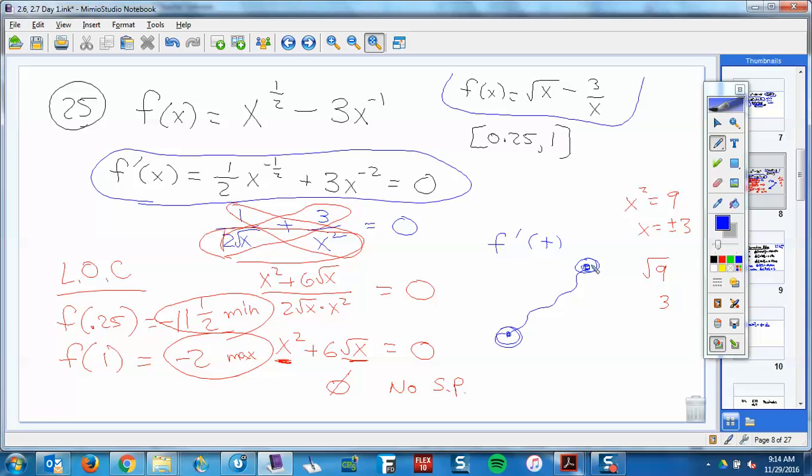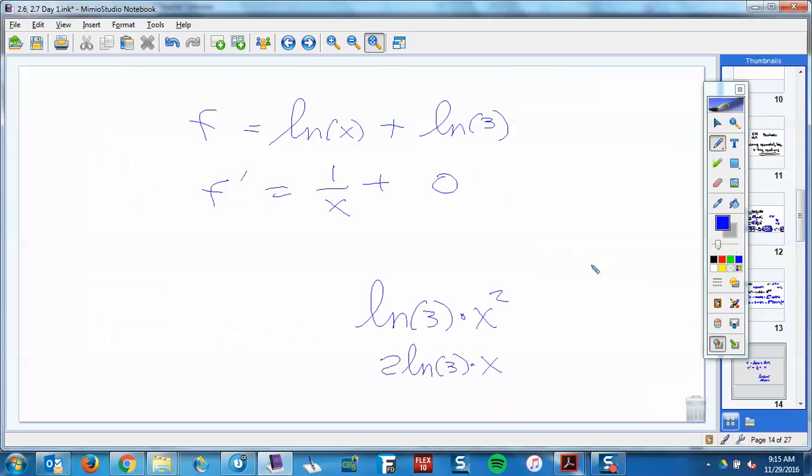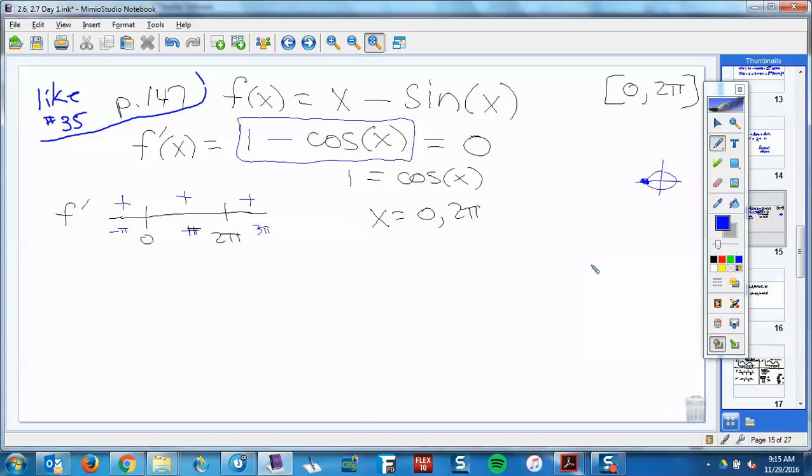So I'm not sure I even needed a list of candidates here. I could have just said, since this graph's always increasing, the minimum value will be at the left-hand point, the max value will be at the right-hand point. Now, if they say find the max and min values, then you need to plug them in anyway, because you got to get the outputs. So the list of candidates is a good idea always anyway. Okay, so 1 minus cosine is always positive.